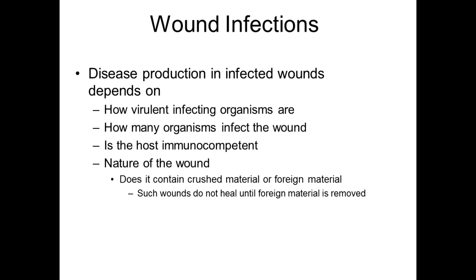Some of them produce toxins, as we'll find out. These are virulence factors that make them pathogenic, right? It's why we get sick, because they get past our immune system, or evade it for a period of time, and cause injury to our bodies.